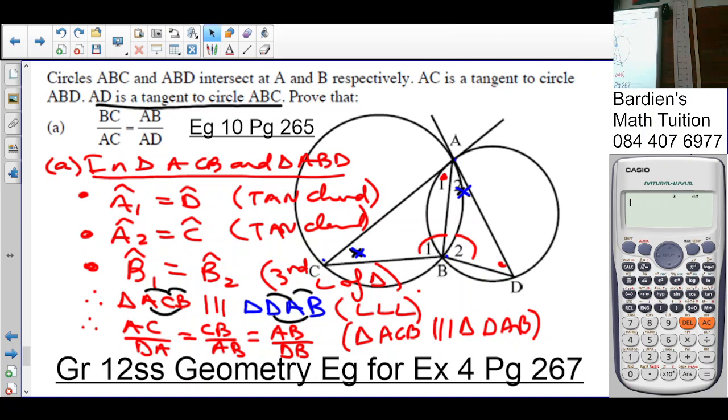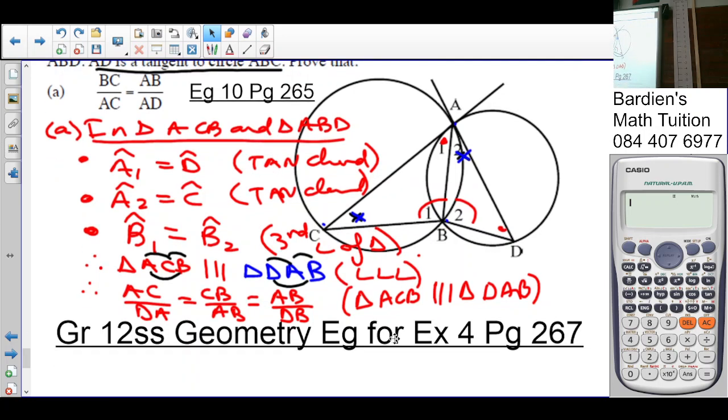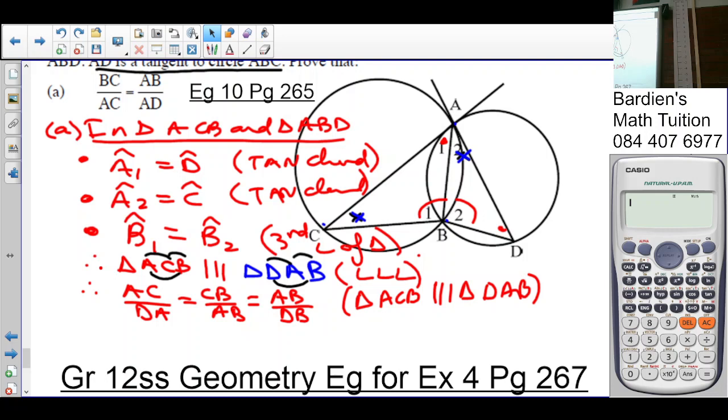Now coming back to what they want. Always come back to what they want. They want BC. Do we have BC here? Yes. Do they have AC? Yes. They have AB, and they have AD. But is that the order in which it is here?